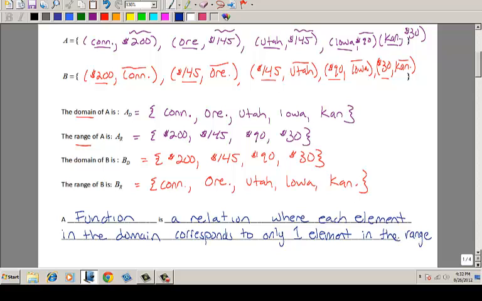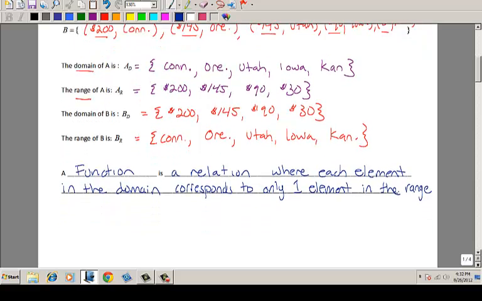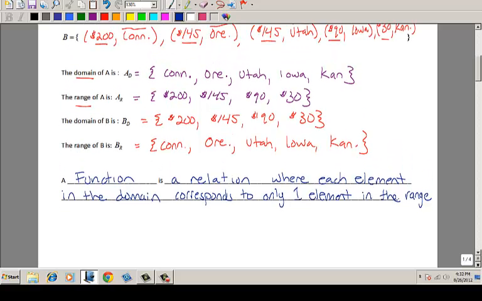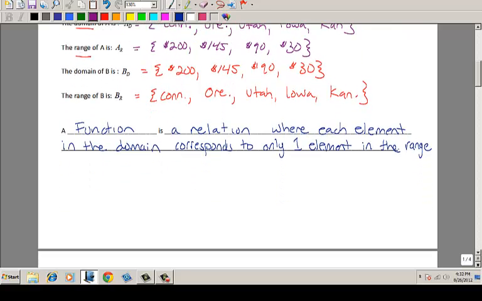So a function is a special type of relation where each element in the domain corresponds to only one element in the range.